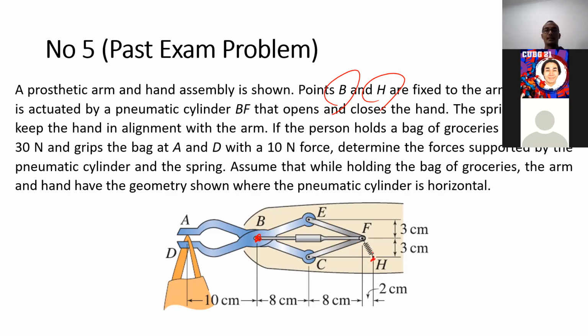Okay, the weight is 30 Newton. Then the grip is 10 Newton. Determine the force supported by the pneumatic cylinder, so that means FBF, and the spring.